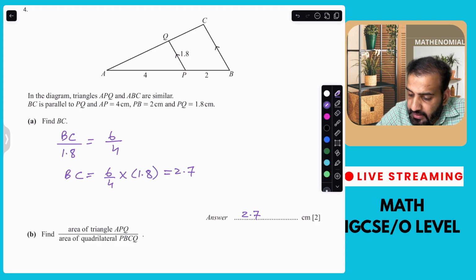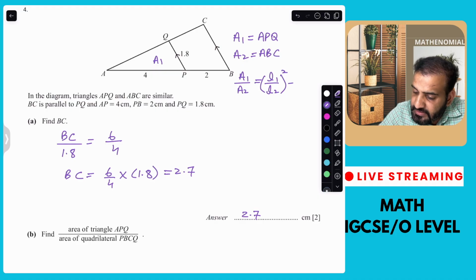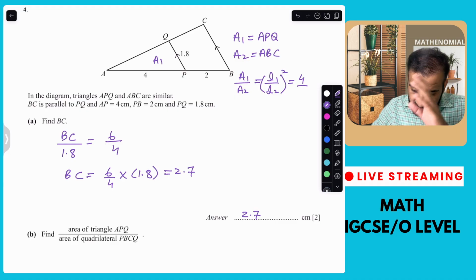This is A1. This whole bigger triangle is A2. A1 is APQ. A2 is ABC. So A1 over A2 is equal to L1 over L2 whole square. L1 means small triangle, which is 4. ABC means bigger triangle, which is 6.